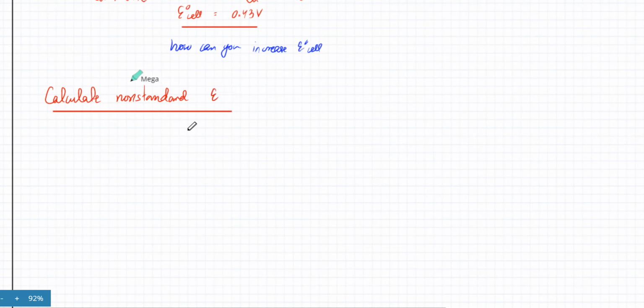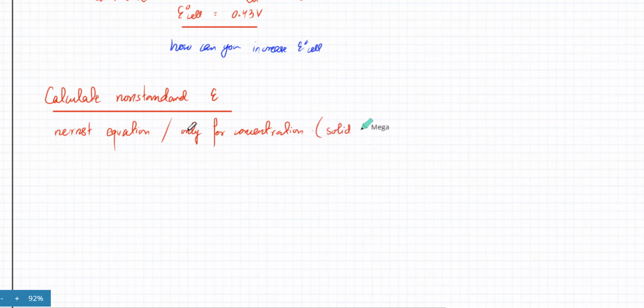And for that, they're going to use the Nernst equation. That equation only works with concentration; it has no pressure term. And remember, for solids the concentration is taken as 1, as a constant.